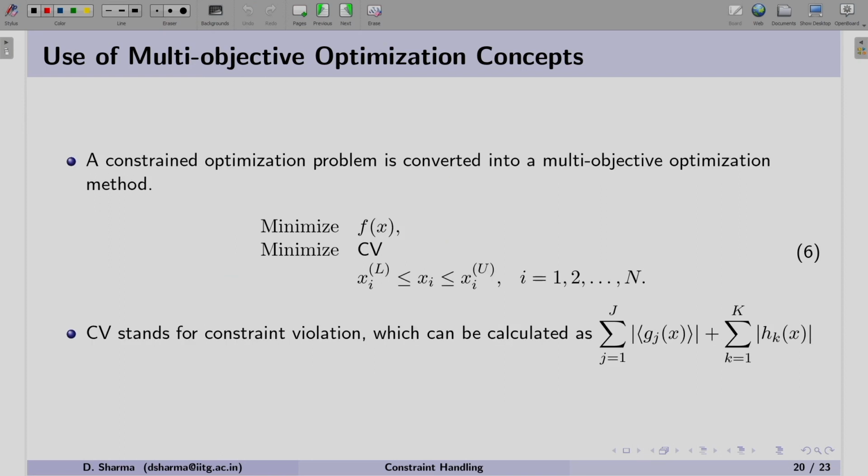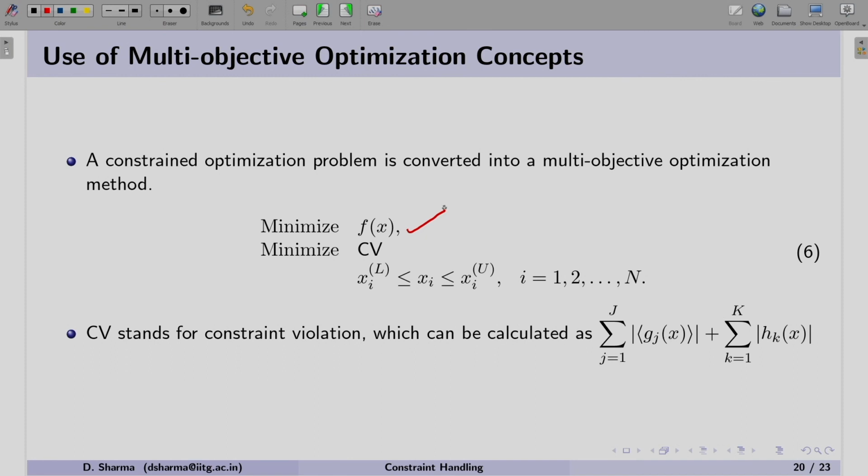What is the other approach? Instead of having each and every constraint as an objective function, what we can consider, as you can see in equation number 6, is to minimize our original objective function and minimize CV, and this problem is subjected to the variable bounds. So, we have two objective functions and the bounds on the variable.